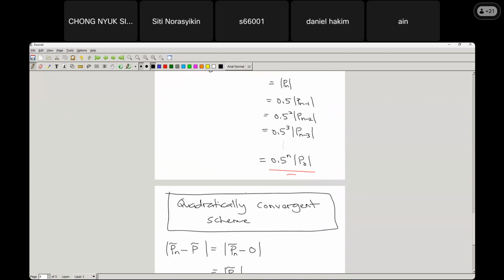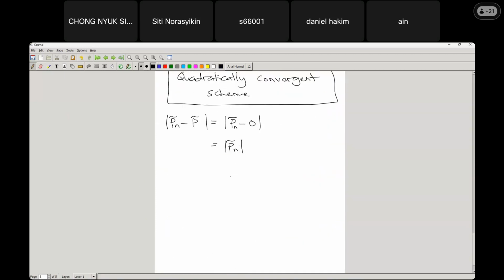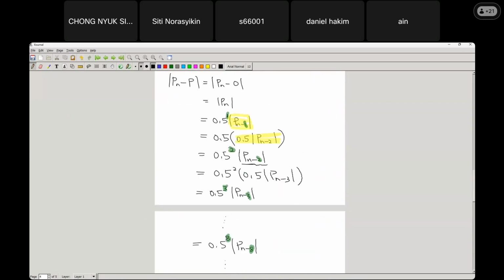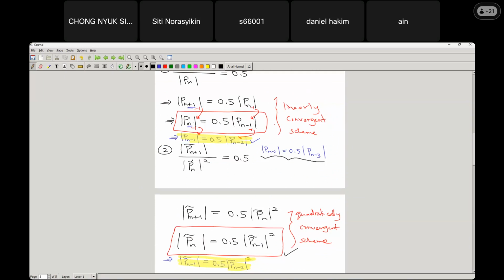Don't forget the square here. So I'm going to substitute your Pn first. Pn tilde is equivalent to 0.5 Pn minus 1 tilde squared.